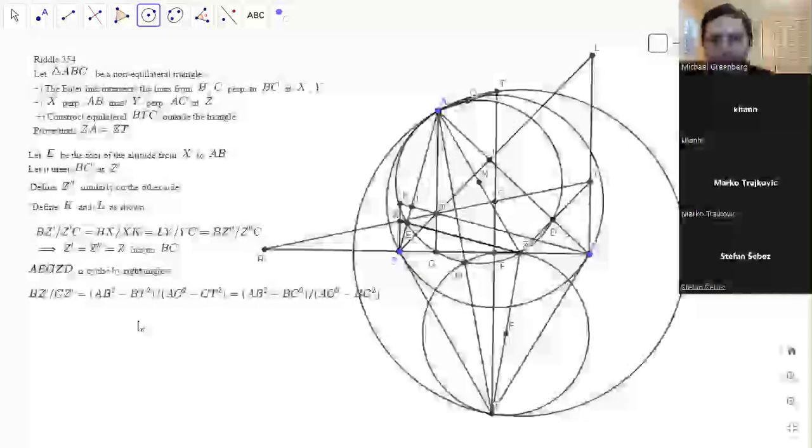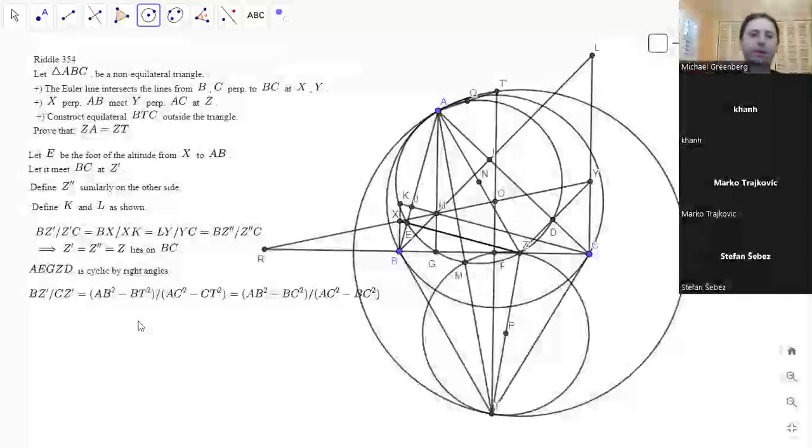It's a good one. It makes sense. If T is actually on the perpendicular from A to BC, then this would be 0 over 0.